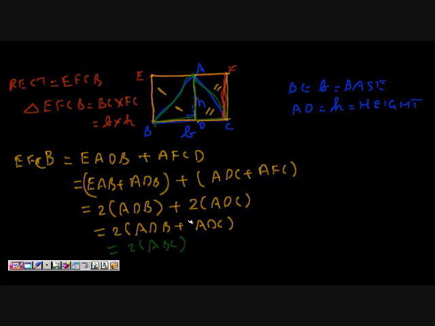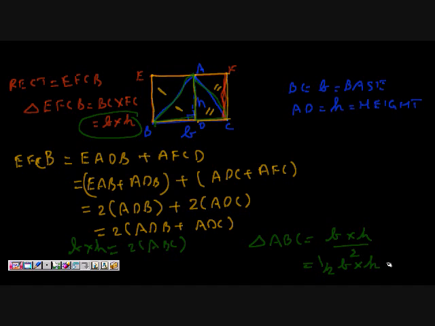Okay, now we know from the earlier proof that the area of EFCB is equal to b into h. So the area of triangle ABC from this equation becomes b into h divided by 2, which is half base into height. That's the area of the triangle ABC. Without knowing anything about that, making some assumptions, we can easily prove that.